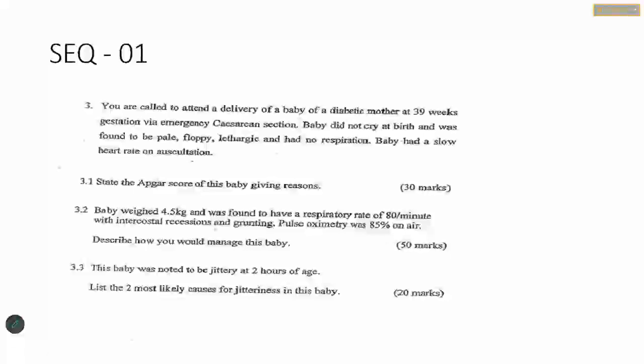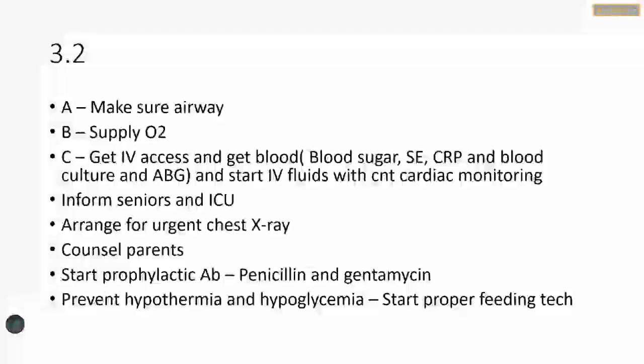Don't think it is surfactant lung disease and write the answer only for that. Just approach the patient broadly. If you write the answer in a broad way, you will definitely get between 40 to 50 marks. Just don't go behind a certain topic. So this is the broad idea I have given.